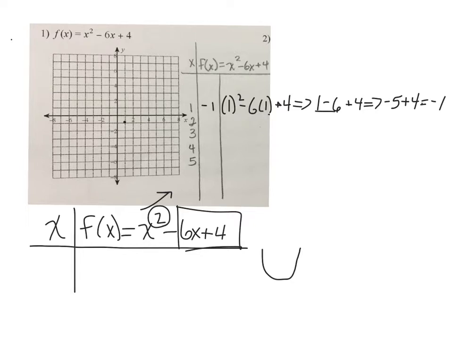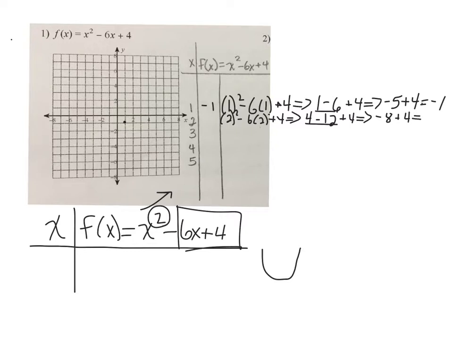Now go plug the 2 into the same equation. 2 squared minus 6 times 2 plus 4, and then work that out. 2 squared is 4, minus 6 times 2 is 12, plus 4. 4 minus 12 is negative 8, plus 4.